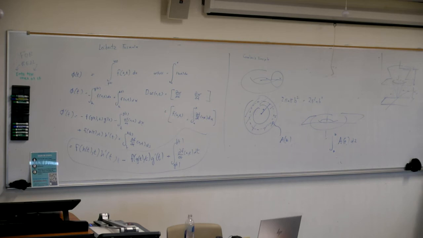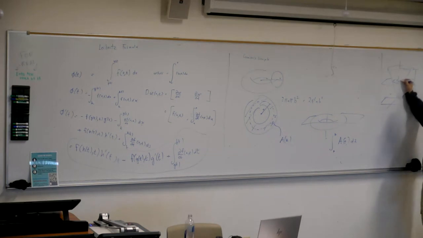Well, this is the radius squared, right? So the area of a cross section is pi times radius squared. X squared plus y squared is r squared.